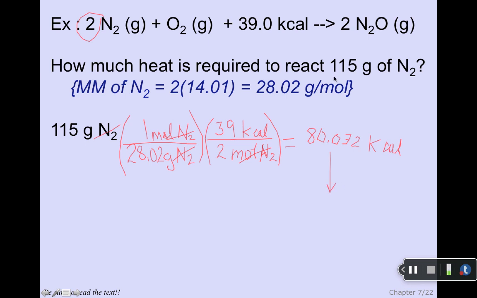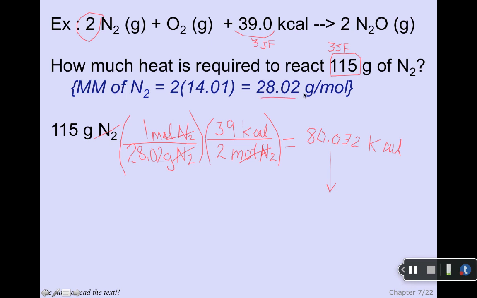Go back to your original question and double check. We have 115 grams of nitrogen. Oh, that's a 3 sig fig value. And the coefficients in the balanced equation will never limit your sig figs because those are counted values. The other value provided here is the delta H, the heat value per mole, stated again with 3 sig figs. So that looks to me like we should end up with a 3 sig fig answer.